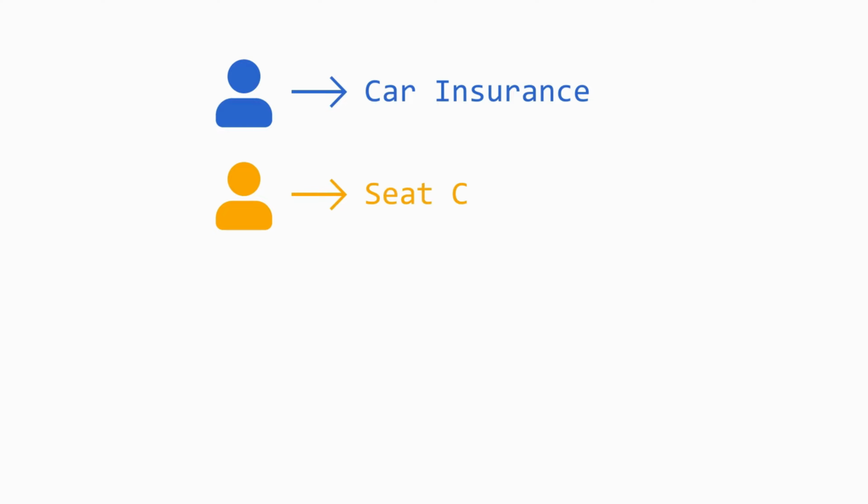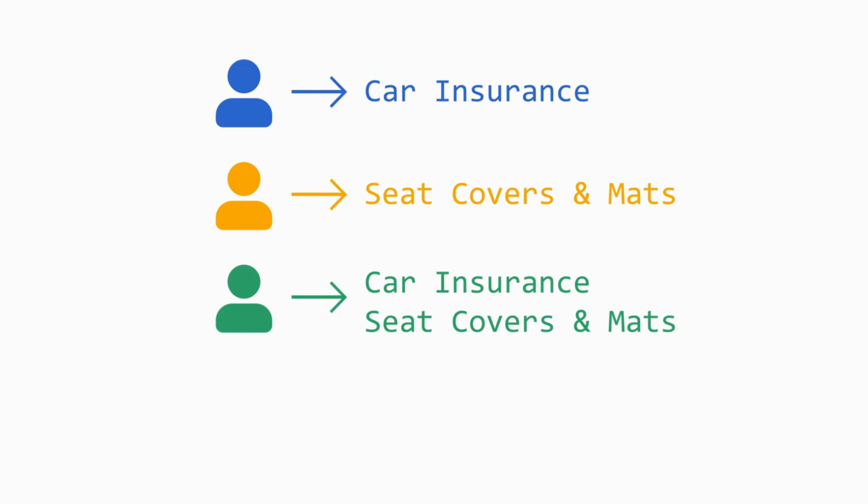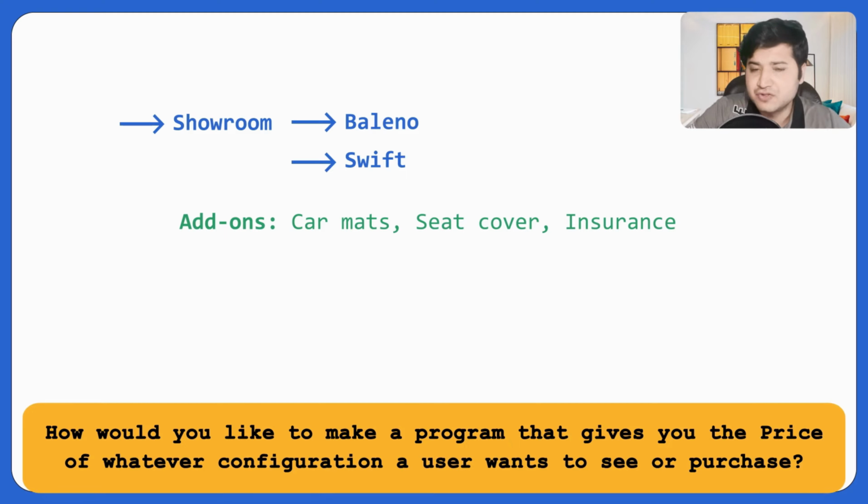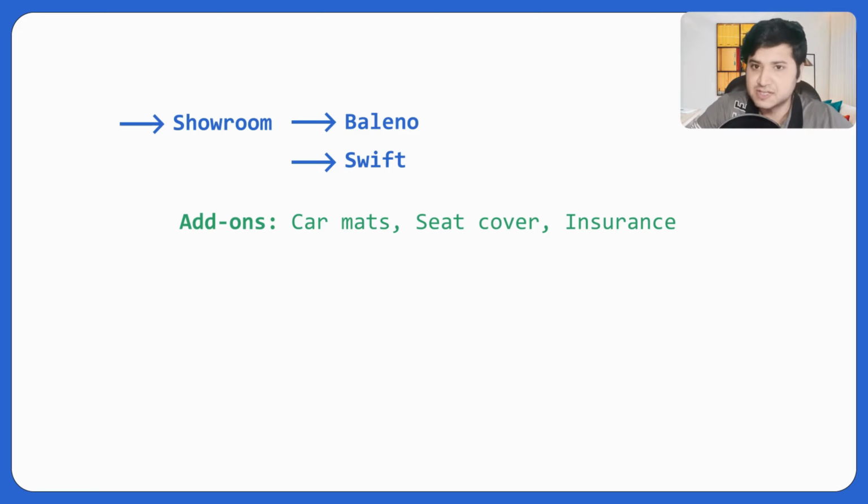I may want to add insurance, somebody may want to add seat covers and mats, somebody else would want to add all three, and somebody else would not want to add anything. So how would you make a program that gives you the price of whatever configuration a user wants to purchase? I hope you have understood the problem, right?